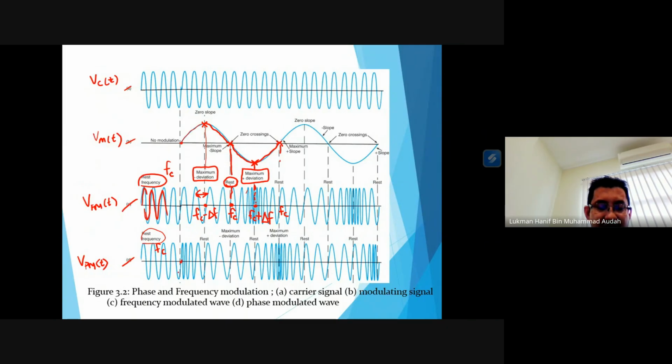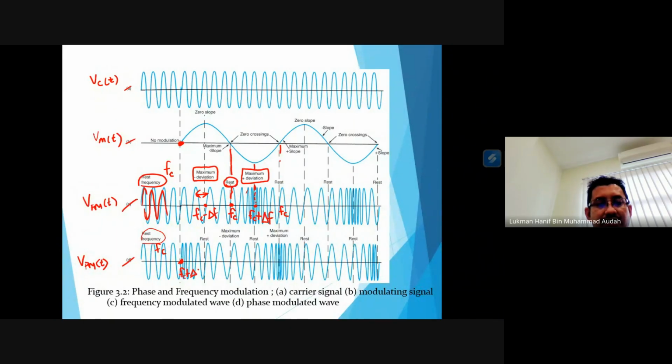If you see the signal move towards positive, maybe I can erase this one. Starting at zero, the output would be at maximum positive deviation, which is Fc plus delta F.